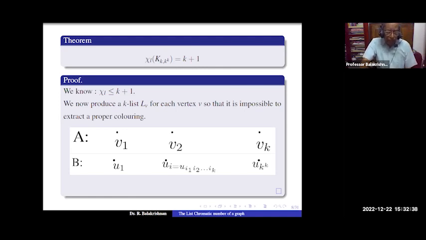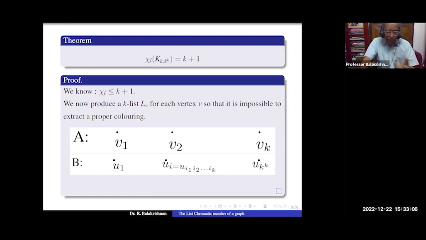By the previous result, you know that the list chromatic number is less than or equal to k plus 1. I now produce a list L(V) for each vertex V, so that it is impossible to extract a proper coloring. I now produce a k list. That means if I produce it, it is not k-list colorable.